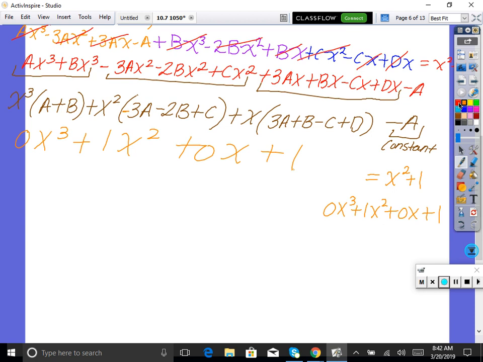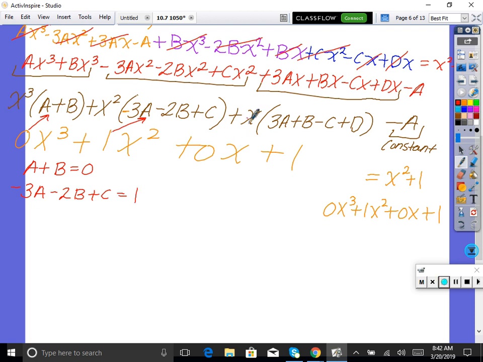Line up what you need to line up, set up your truth statement. 0 must equal a plus b. Do you agree? So it means that a equals 0. Okay, so then my next true statement, my x squareds line up, so negative 3a minus 2b plus c needs to equal 1.